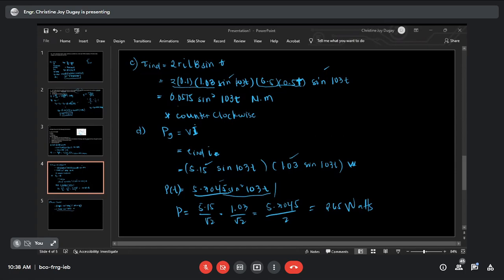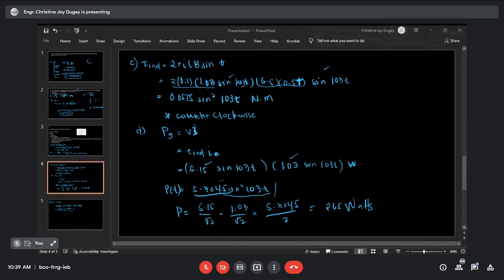So the reason behind that, hindi naman natin kinonsider kasi yung mga other losses natin. Like stray losses, we have the core losses, di ba? Hindi naman natin kinonsider yun. Ideally lang siya na nilagay dyan yung problem wherein they are nearly equal supposedly.